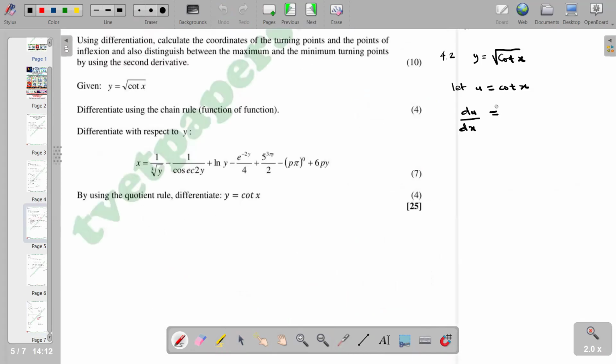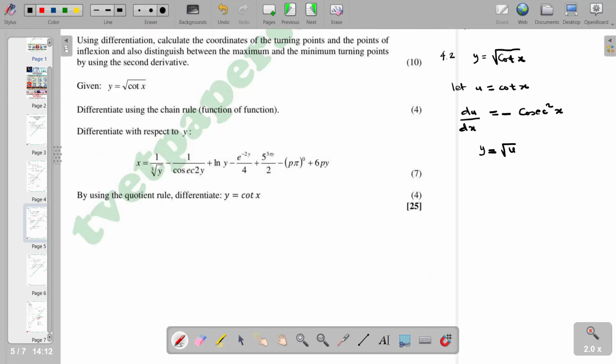So it means to differentiate this, it's going to give us negative cosec squared x. But remember we said let u be cot x. So it means our y there will be equal to square root of u.